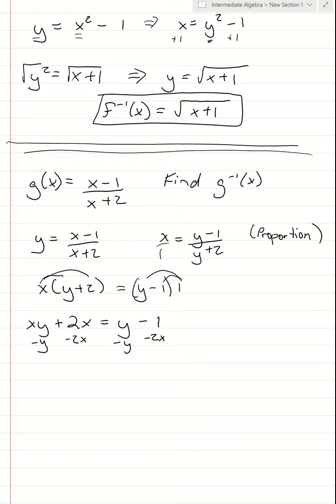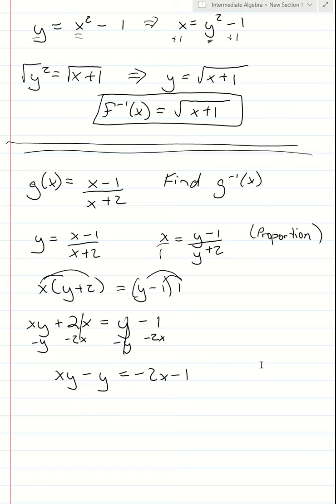And so now, let's see. Here, on the left side, when I combine what I can, we will be left with xy minus y equals, on the right side, I will have a negative 2x minus 1.